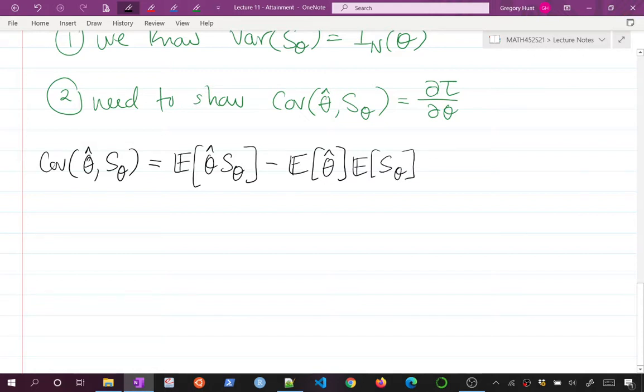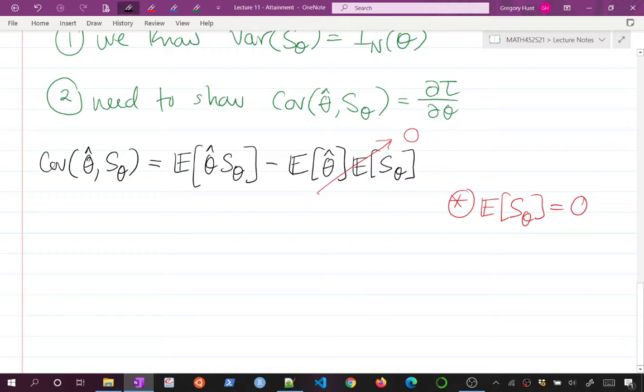Nicely, and I'm going to put a little asterisk here, as long as our PDF, our f theta, has enough regularity, we know that the expected value of the score is 0. And so this whole second term goes to 0, which leaves us just with the expected value of the product of theta hat times the score.